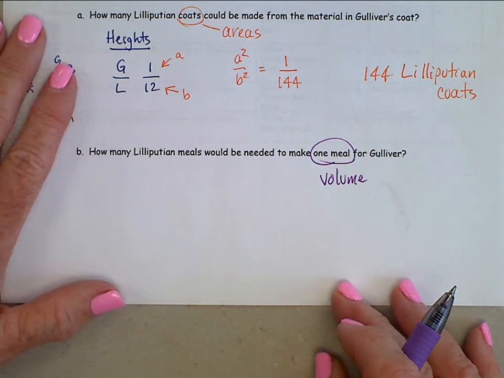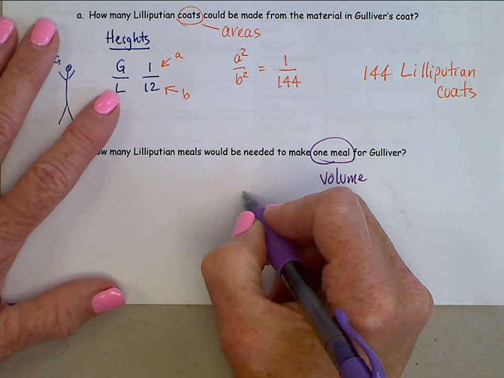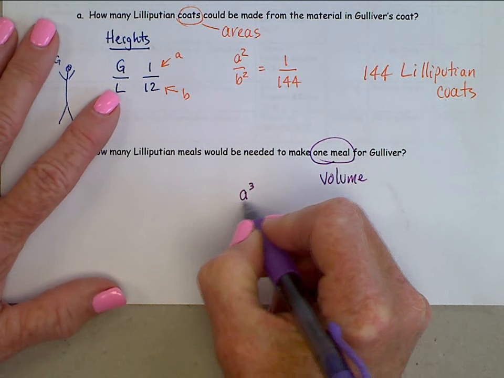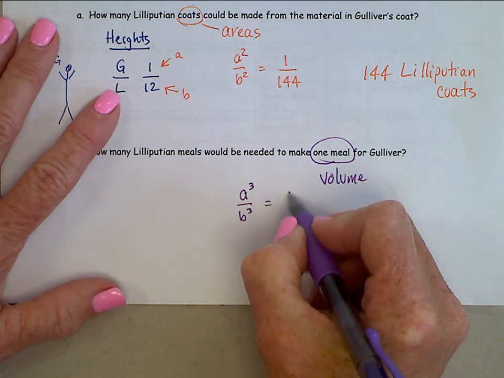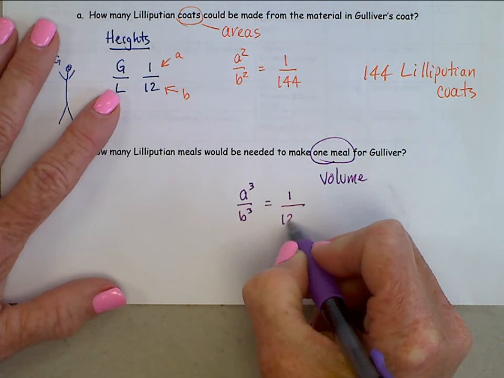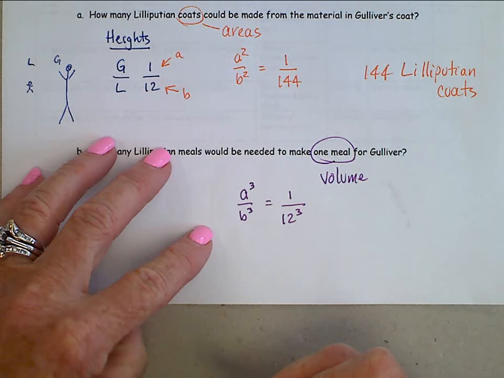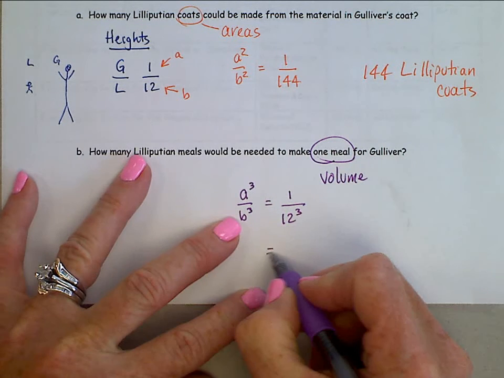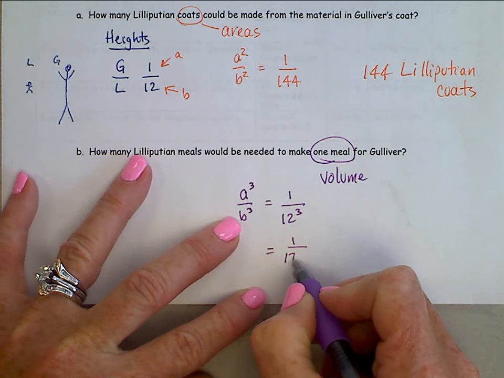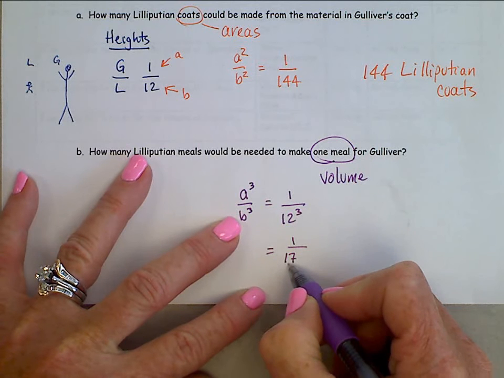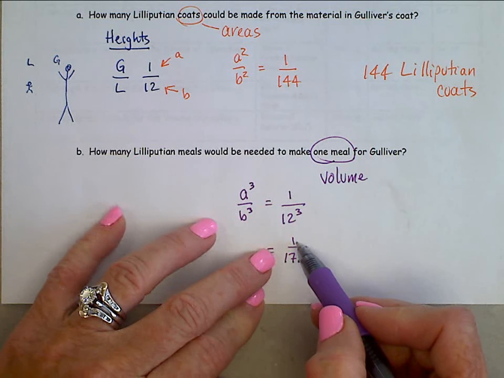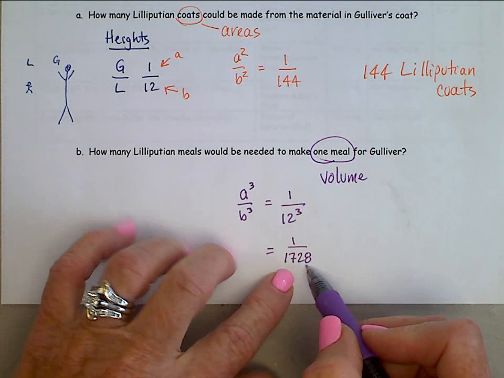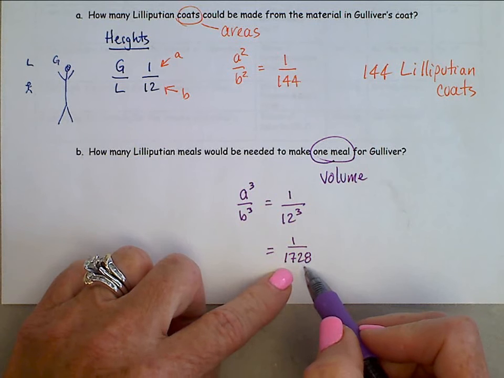So food is volume, which means we're going to have to look at a cubed to b cubed, which would be 1 to 12 cubed. And if you zap that in your calculator, that is 1 over 1,728. So one of Gulliver's meals is 1,728 Lilliputian meals.